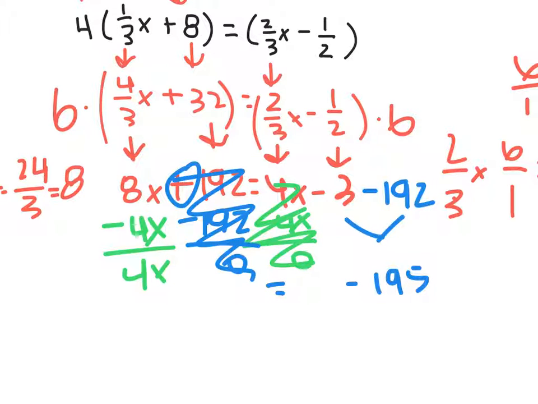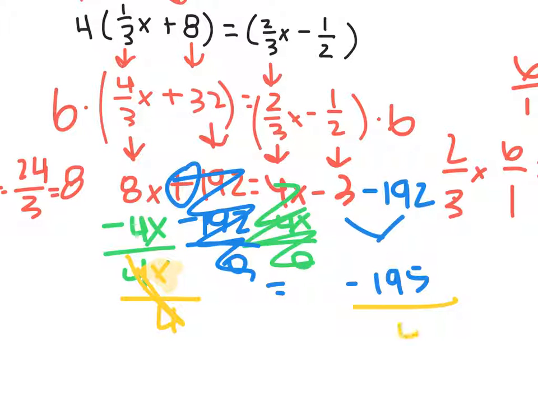Now what we want to do is get the variable alone. So in order to do that, we have to somehow get rid of the 4. So how we're going to do that to get just x alone is to divide by 4. So you'll be left with x now. Whatever you do to one side, do to the other side.